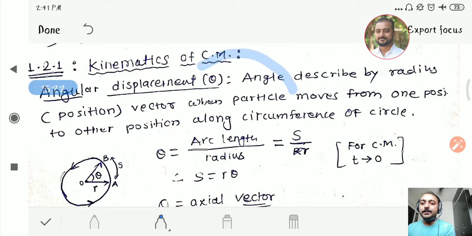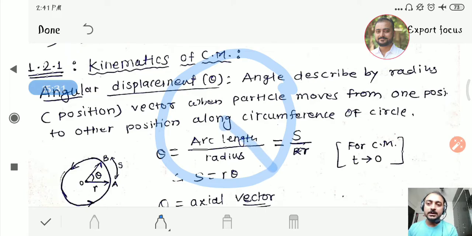This vector is called the radius vector or position vector.